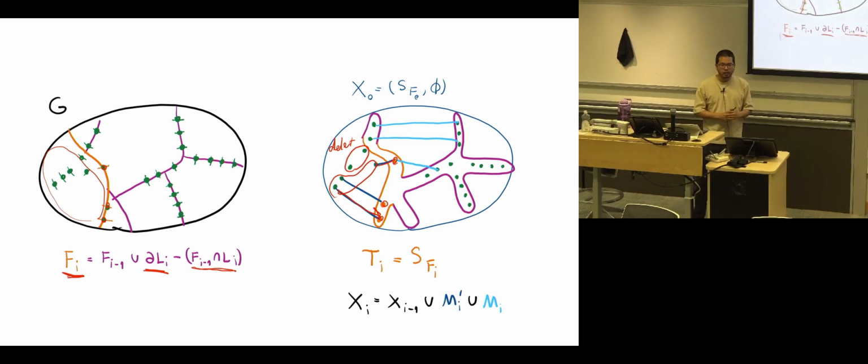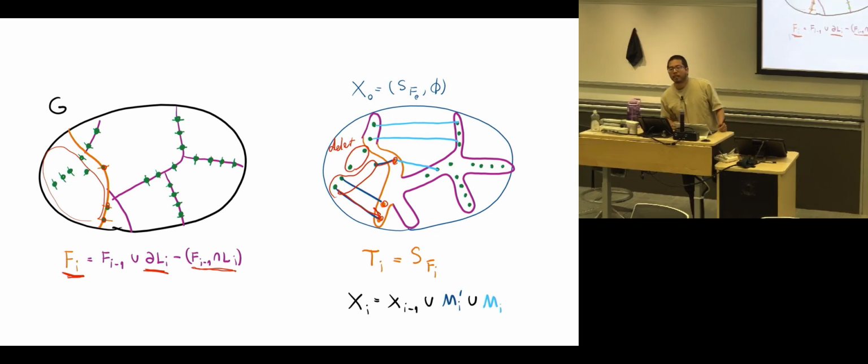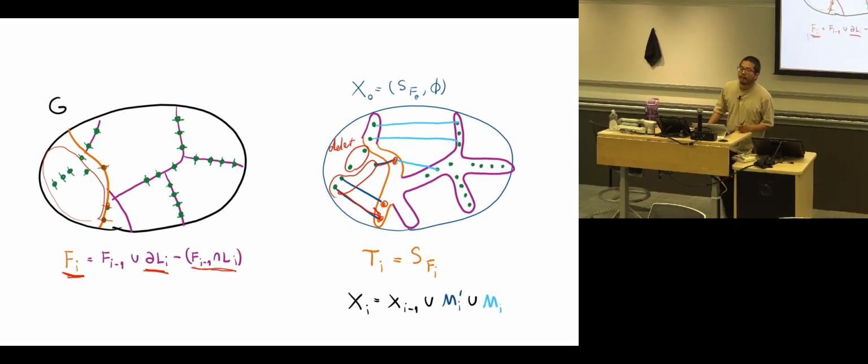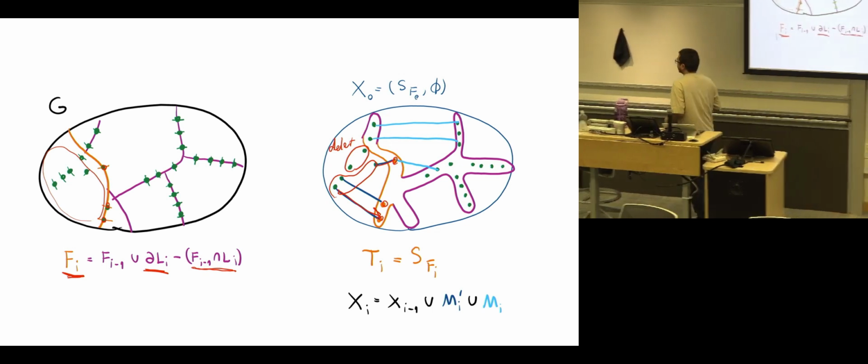Question about what's going on here? What if we have something like the picture you were showing earlier where the left set encompasses part of the... Good. Yeah, we will basically ignore that.